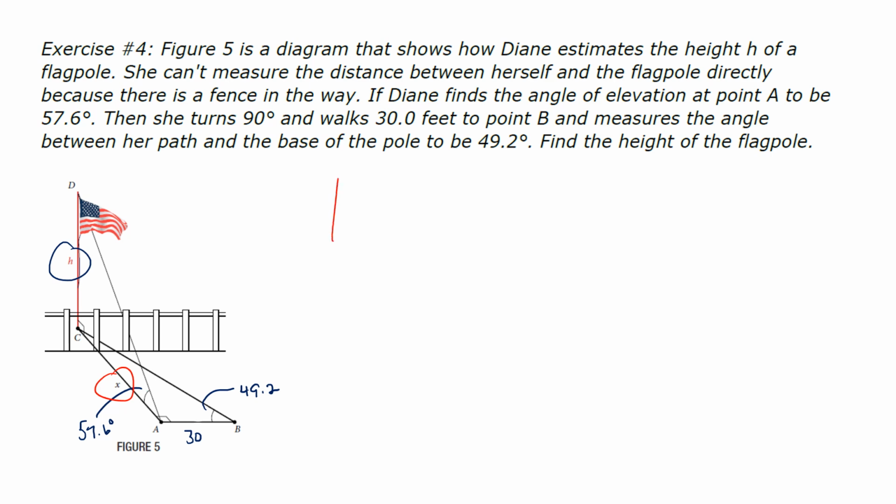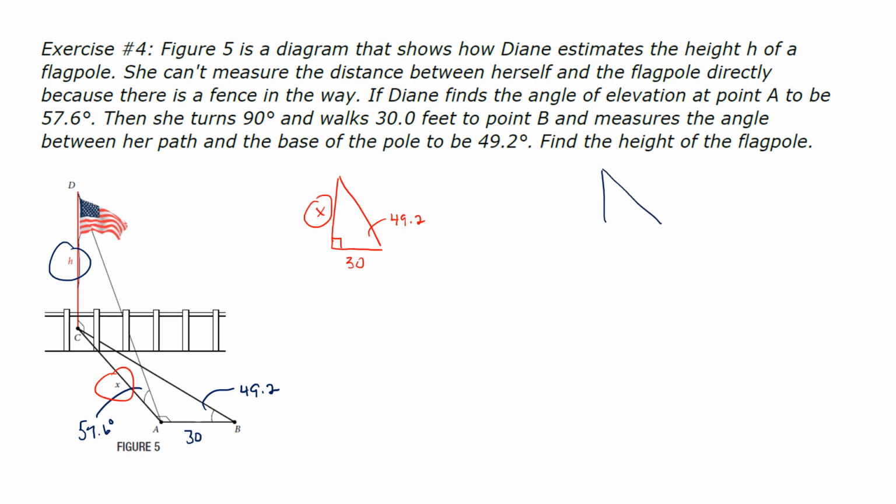So this triangle here at the bottom where we have a 90-degree angle. We know this is 49.2. We know the base here is 30, and we're trying to find x.